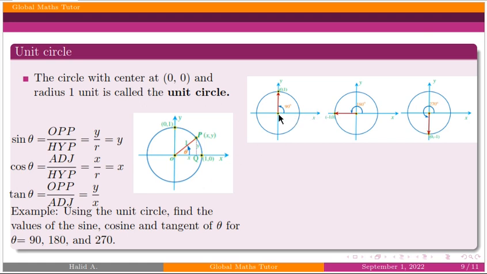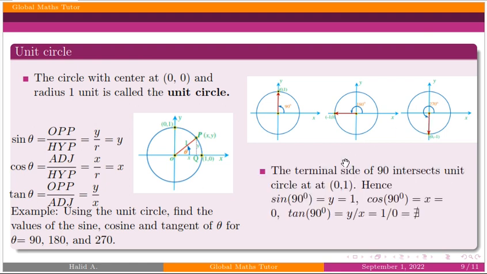Since this is the initial side in standard position, measuring 90 degrees gives the positive y direction. Since the radius is 1, the point is (0,1), and 180 degrees will be this one, and 270 degrees means the same as this one.